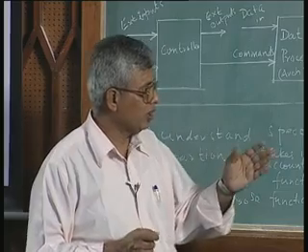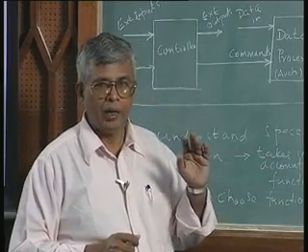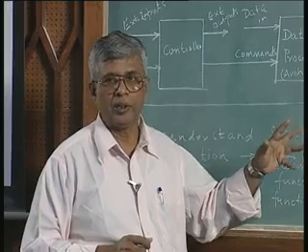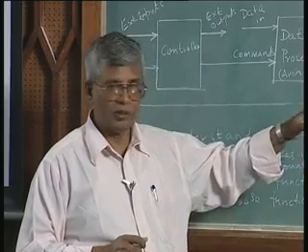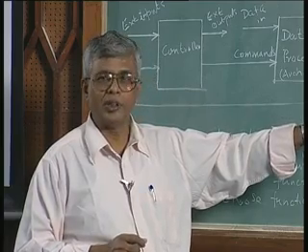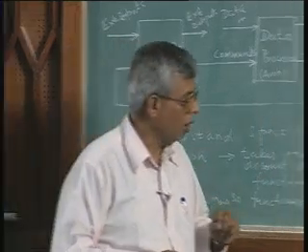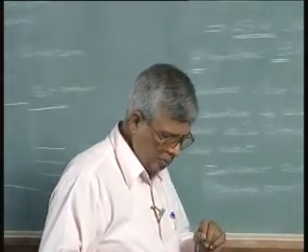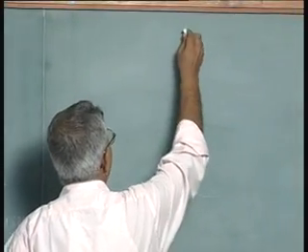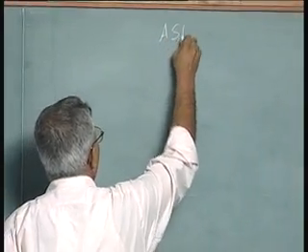So let us first have a quick look at how to draw the ASM chart for a given controller. First we will spend some time on drawing an ASM chart, then we will take a few examples. Now the ASM chart is the simplest chart you can think of, it is not at all complicated.